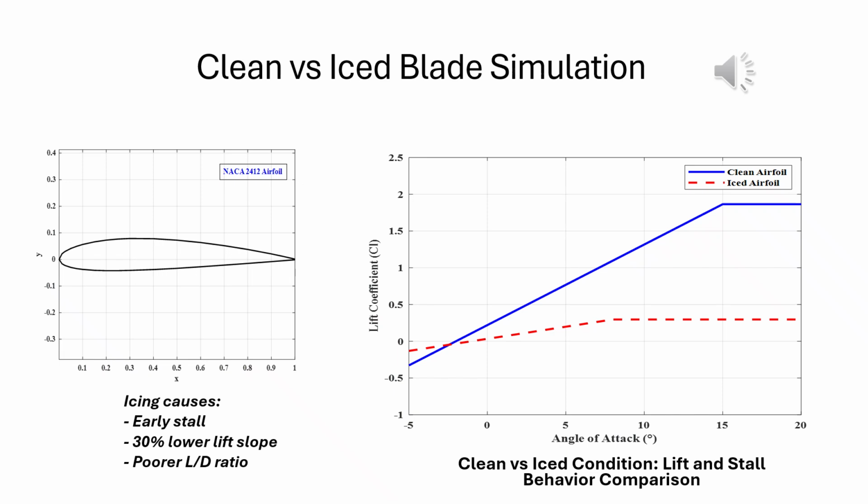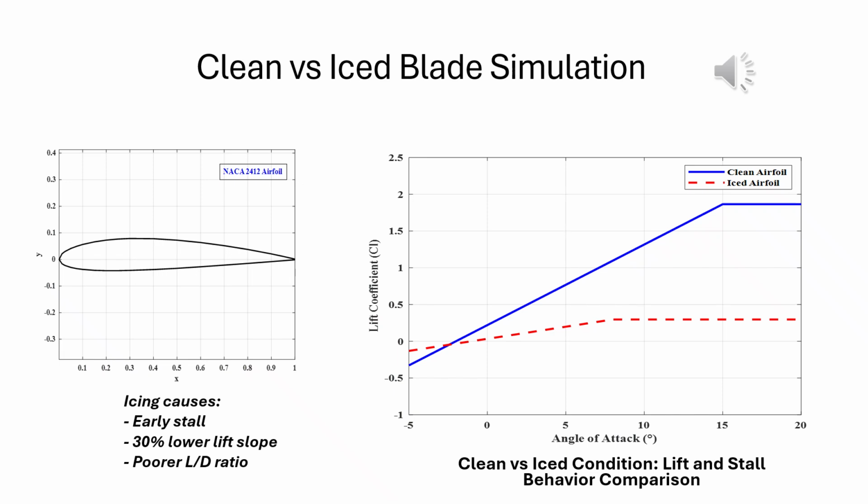In this slide, we show a simulated comparison of blade performance under clean and iced conditions. The clean blade follows a predictable lift curve, gradually increasing lift with angle of attack until stall occurs. However, the iced blade shows a lower maximum lift, and stall occurs at a smaller angle.